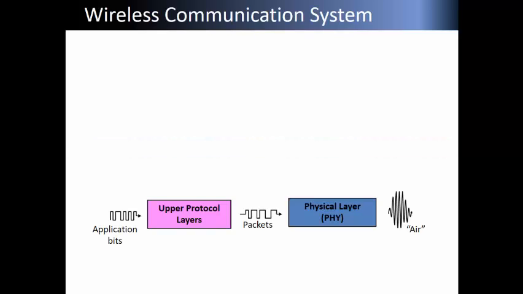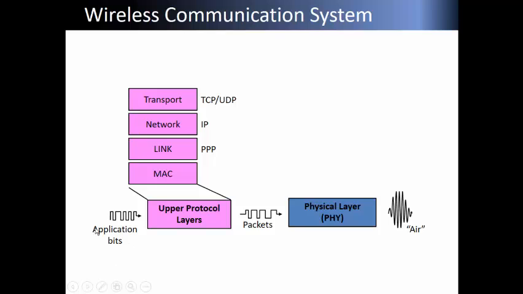So software-defined network is looking at wireless communications. Wireless communications is actually the transmission of data, which can be represented in bits, right?